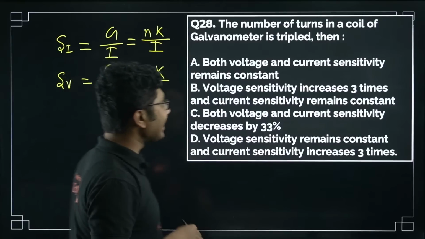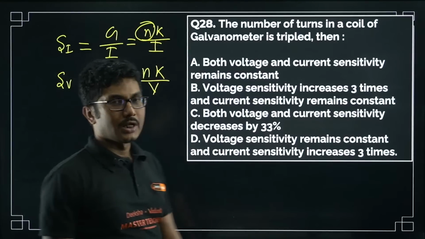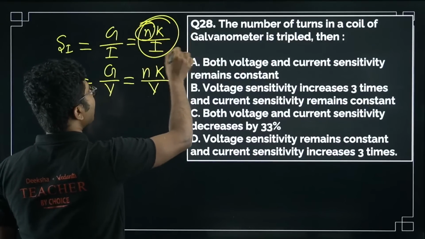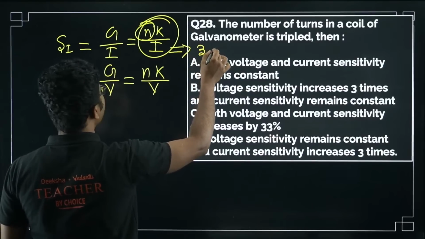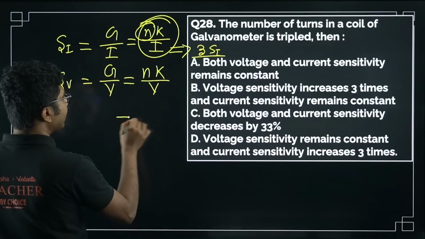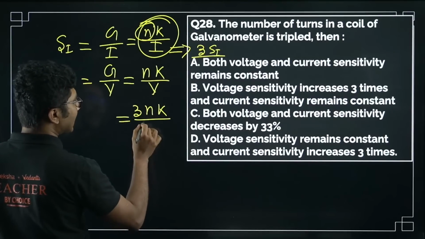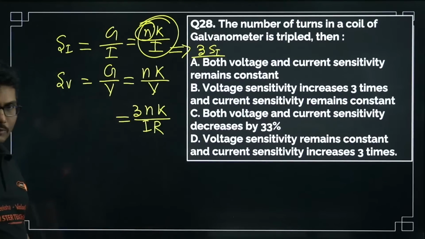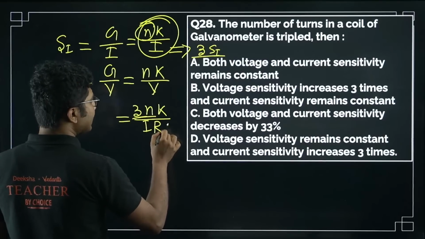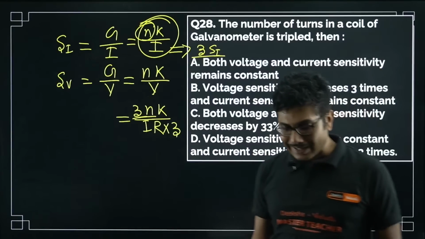So now you have to understand how current and voltage sensitivity change if you triple the number of turns. As you can see, current sensitivity will be tripled if you triple the number of turns. But what about voltage sensitivity? You have tripled the number of turns, but voltage is basically I into R. Now if you triple the number of turns, then the resistance will also increase 3 times, because resistance is directly proportional to the length of the wire.